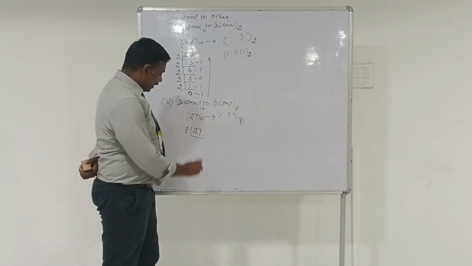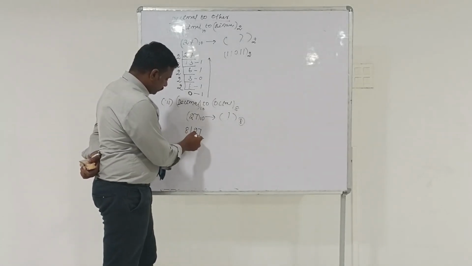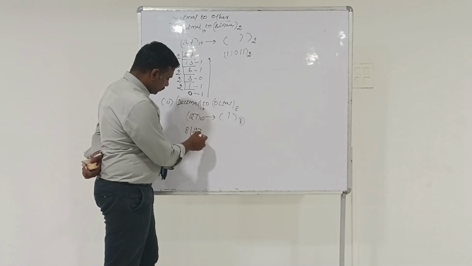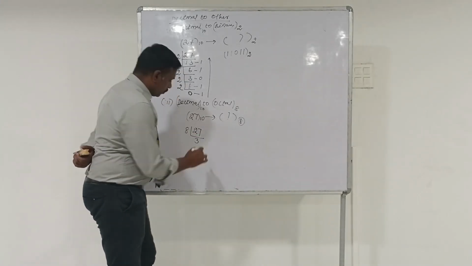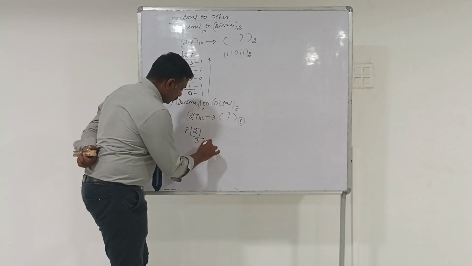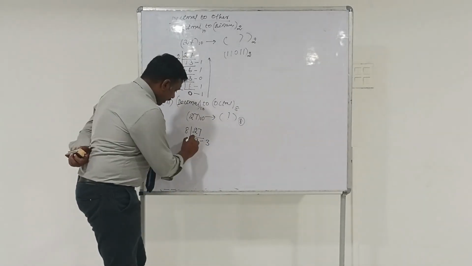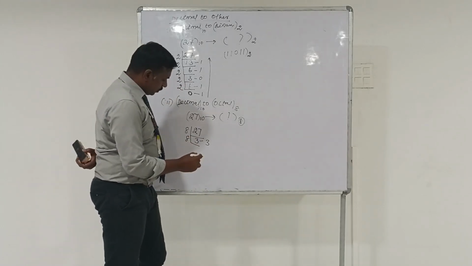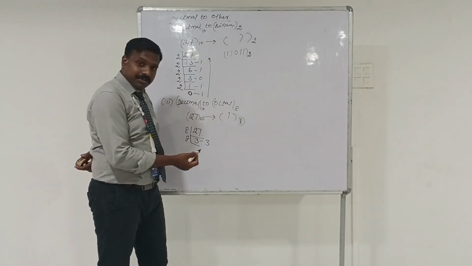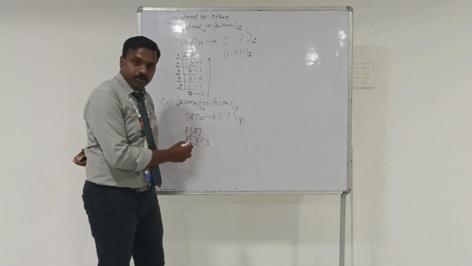Okay, suppose we divide 27 by 8, what is the quotient here? Three times it becomes, so the remainder is also 3. Again I have to divide by 8. The 3 will not divide by 8. So as I already told, under this condition what do I have to do?